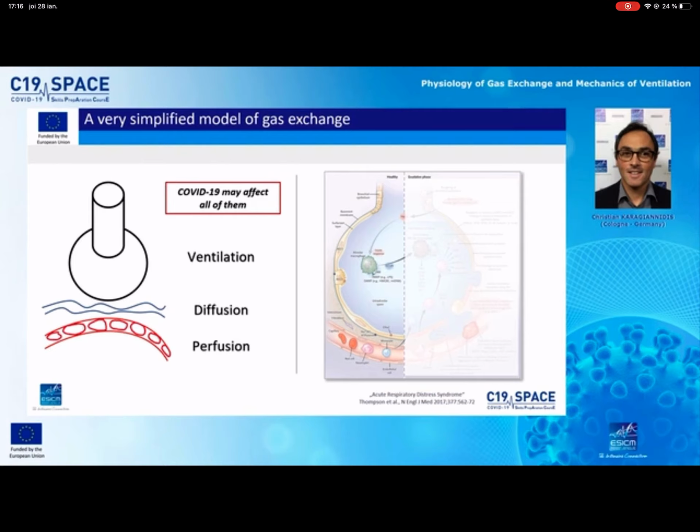On the right-hand side, you see a normal alveolus. This is usually filled with air and has a very small surfactant layer, which is very important to keep the alveoli open. It has a basement membrane and epithelial cells. And within this alveolus, you usually find immune cells. In a healthy man or woman, you predominantly find alveolar macrophages.